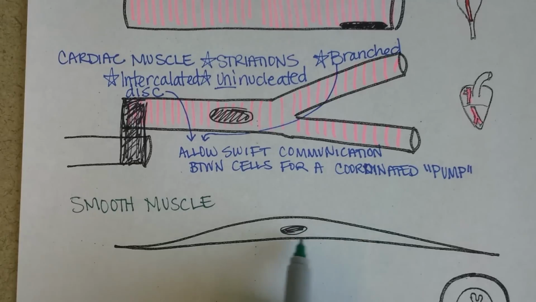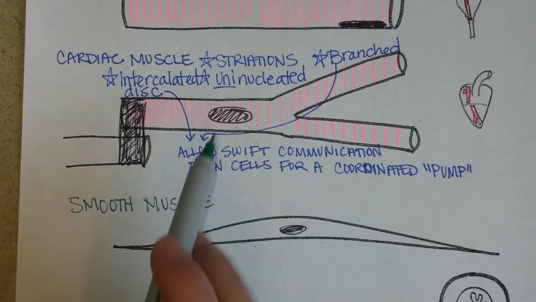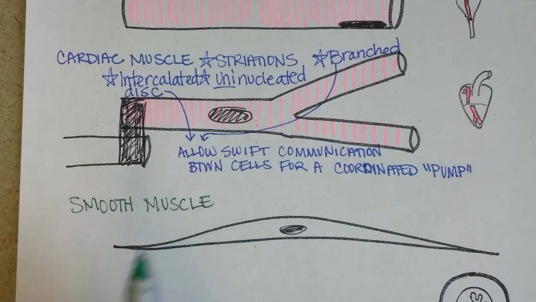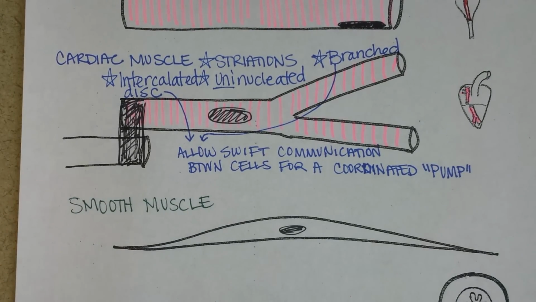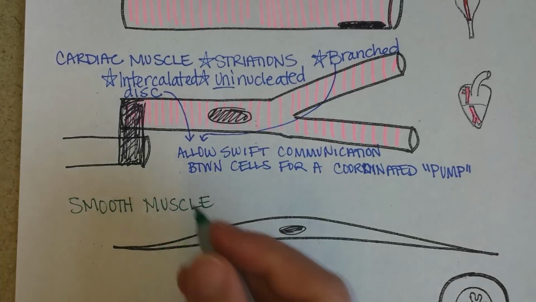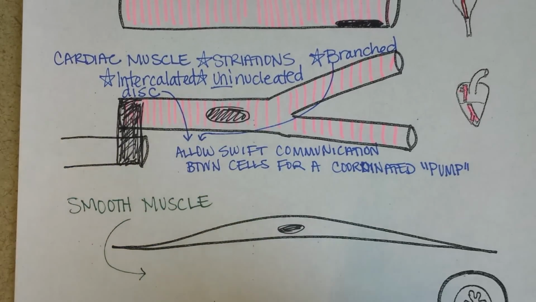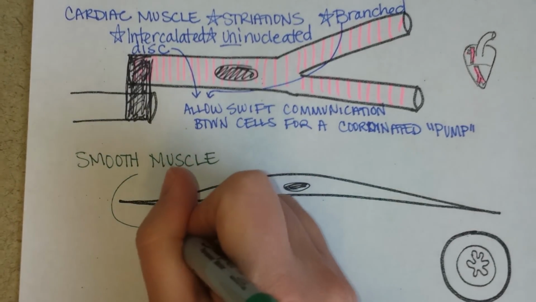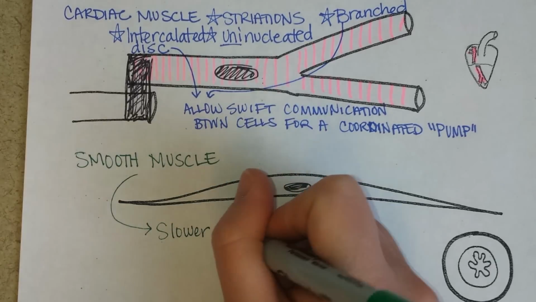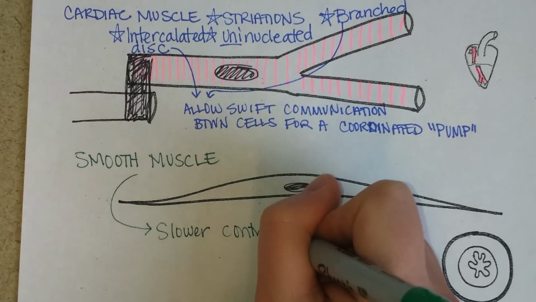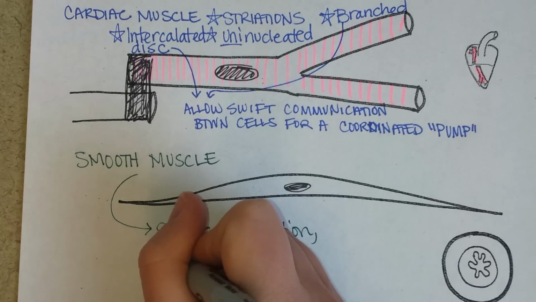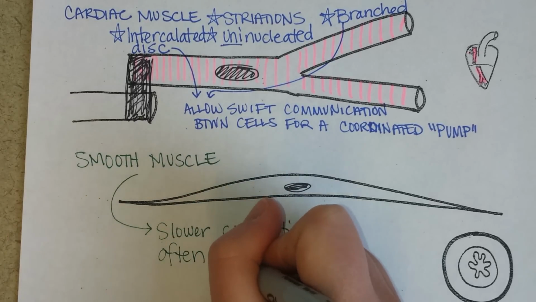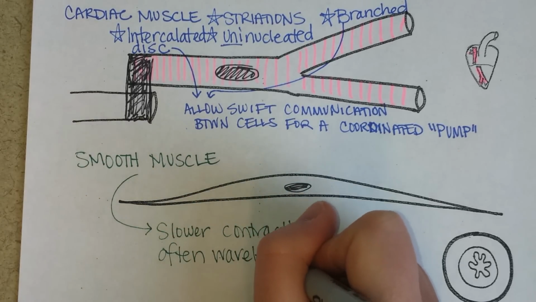There is actin and myosin, and they even overlap like they do in cardiac muscle and skeletal muscle, but they're just not organized enough that it's real visible when you look at them under a microscope. So when they contract, it is a slower contraction. It's often wave-like through the organ, whatever it is.